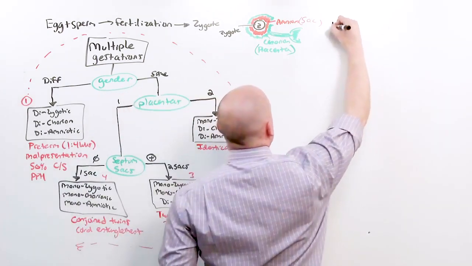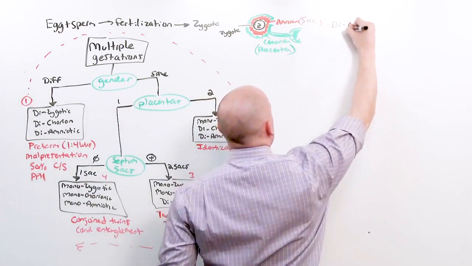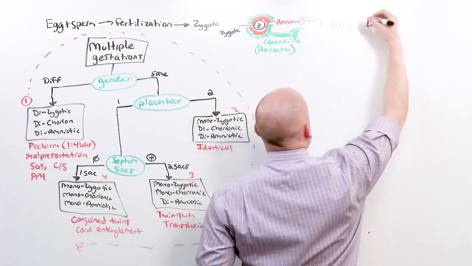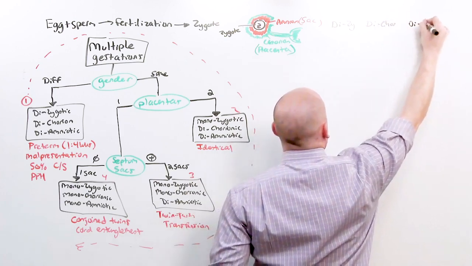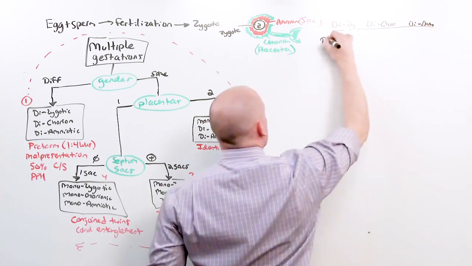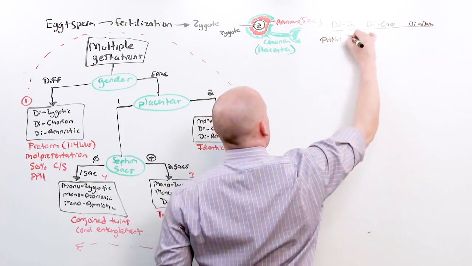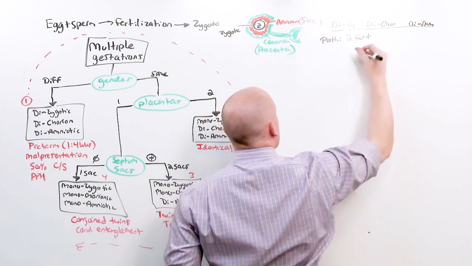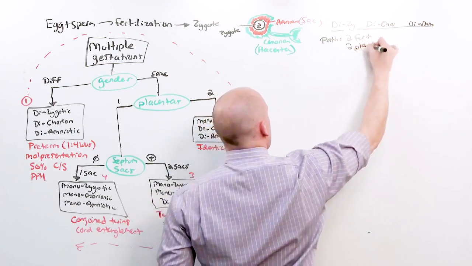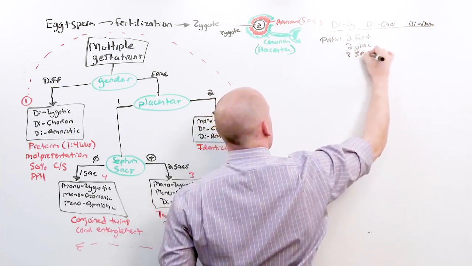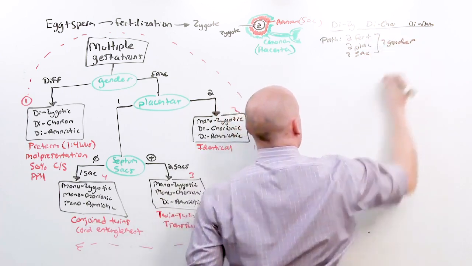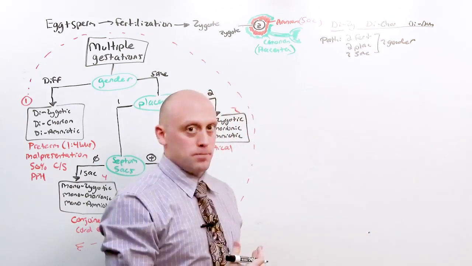Let's start with dizygotic, and I'm going to abbreviate for the sake of brevity. The dizygotic, dichorionic, diamniotic twinning. This comes from 2 fertilizations. Therefore, there must be 2 placentas and 2 sacs. You often have 2 genders, and you most certainly will on the exam if they're going to ask you this question.